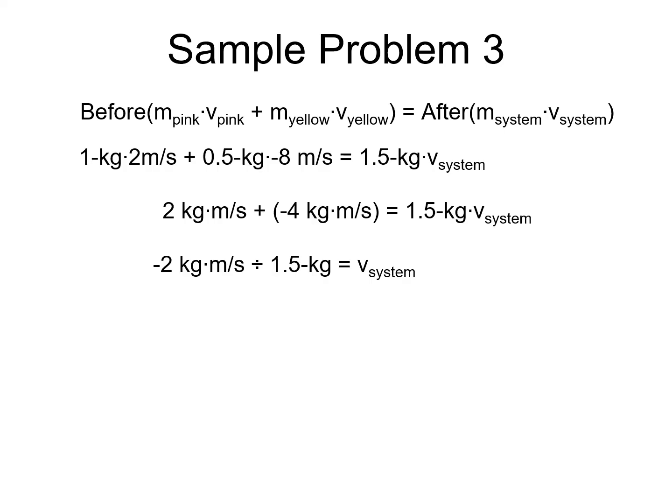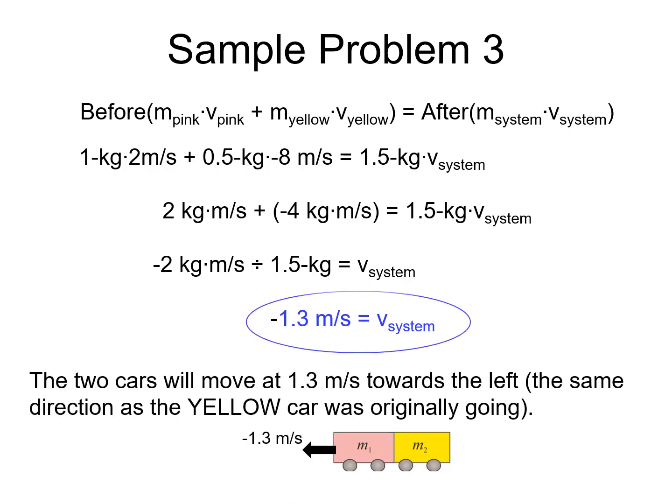And you got to keep up with that. That makes a difference. If we divide both sides by 1.5 kilograms, then we get a negative 1.3 meters per second this time. That means the stuck together cars are moving toward the left. They're going in the same direction as the yellow car was originally going because the yellow car had more momentum to start with, and so it knocks the system toward the left.